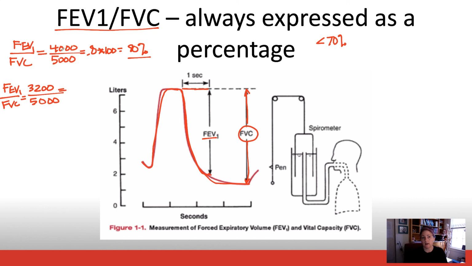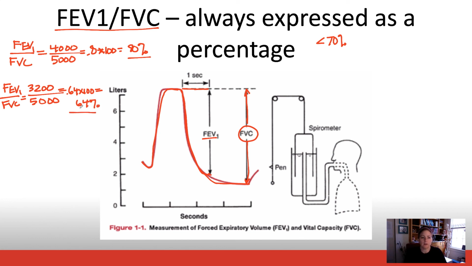Okay, less air flowed out in that first second, right? We divide 3,200 by 5,000, and we're left with 0.64, times 100 because we want to express it as a percentage, and we end up with 64% as their FEV1 over FVC.